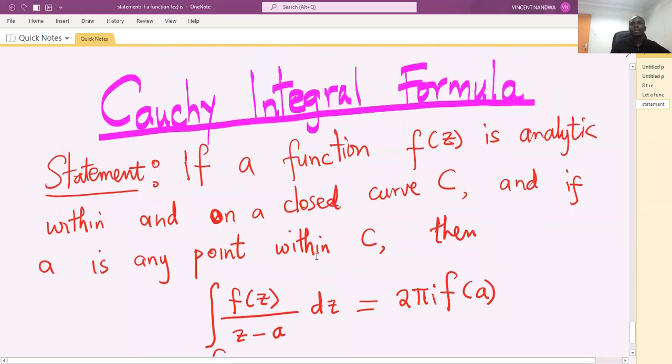So this is the Cauchy integral formula: if a function f of z is analytic within and on a closed curve C, and if a is any point within C, then the integral of f of z over z minus a along C with respect to z is given by 2 pi I times f of a.